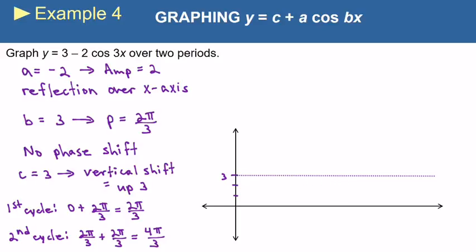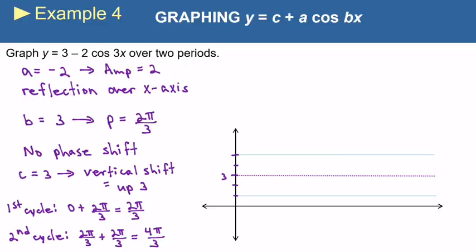Now amplitude is 2, so that means from here the highest point in the graph will be up 2 and the lowest point in the graph will be down 2. So the down one's easy because I've already got it marked. If I'm at 3 and I go down 2, now I'm at 1, and I'm going to put a little line there. That shows me where the bottom of my graph should go. I'm also going to go from the middle up 2 and draw a line there. That gives me guidelines to go between.